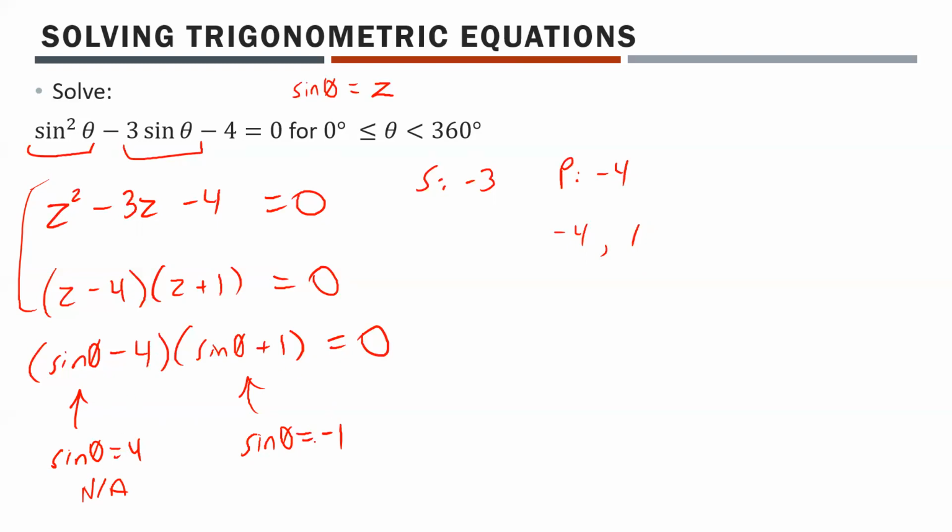As for this one, it's kind of a similar problem to the one we saw a couple slides ago where I said cosine theta equals -1. You could use inverse sine on this and see what it gets you. But personally, when I have it actually equal to -1, I just like realizing that sine theta is actually your y coordinate, right? And since sine is your y coordinate, where is y equal to -1? Well, that's an angle of 270 degrees, right?